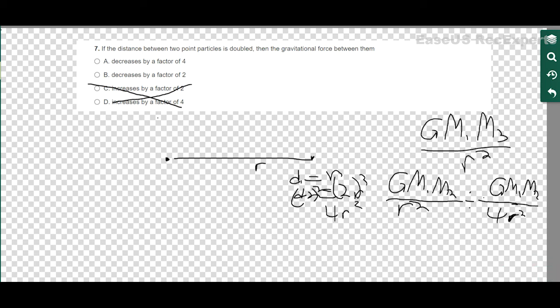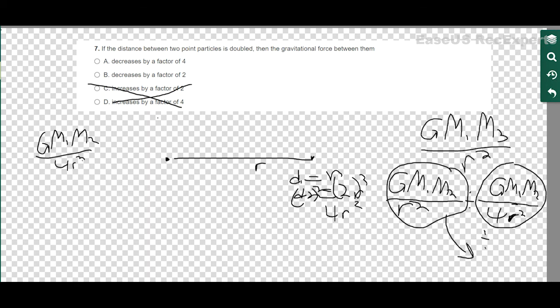We should go this divided by this. So we would get g m1 m2 over 4r squared.